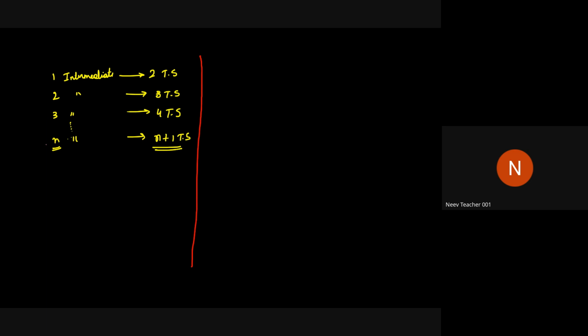If there are three different carbocations forming, then there will be four transition states in case of SN1. This is a very important point. You have to remember this. In case of n intermediates, there will be n plus one transition states. Is it clear? Yes, sir.